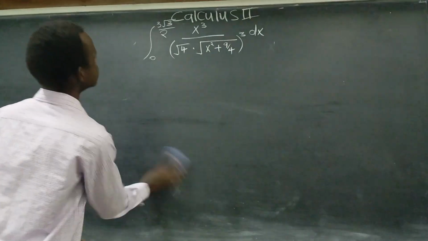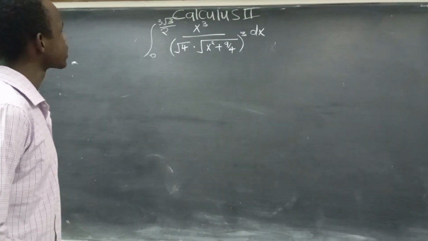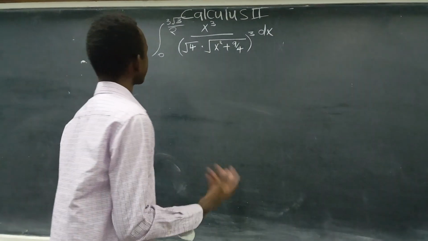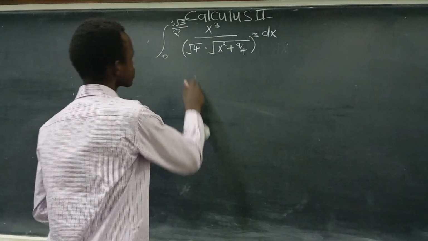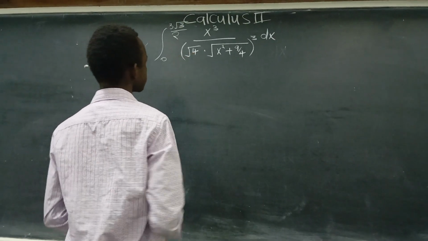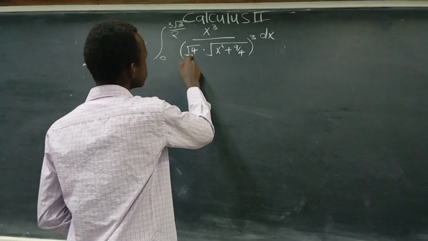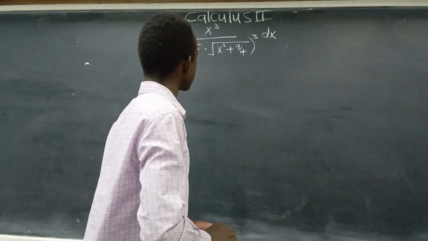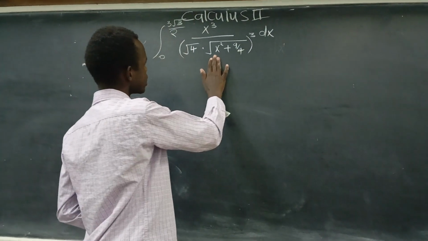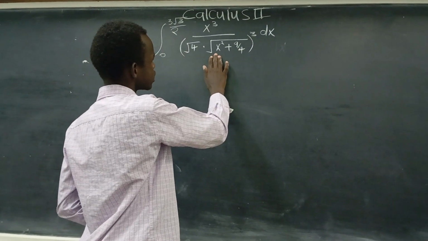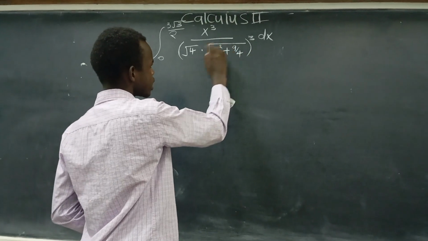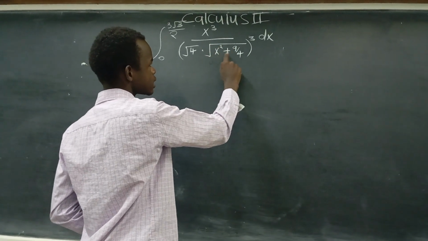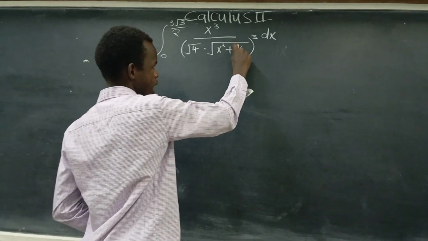So from there, we'll try to perform the square root. What's the square root of this part? The square root of 4 is just the same as 2. Then from here, the radical of x squared plus 9 over 4.